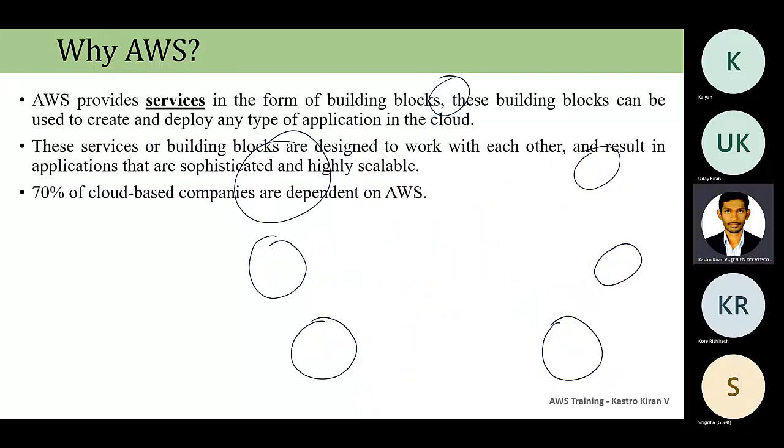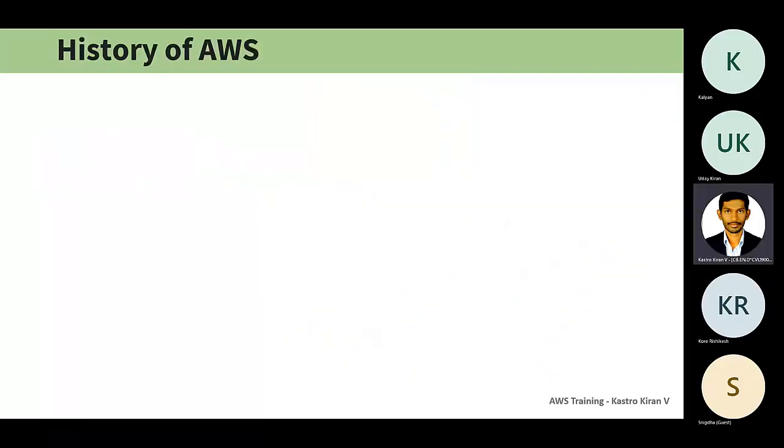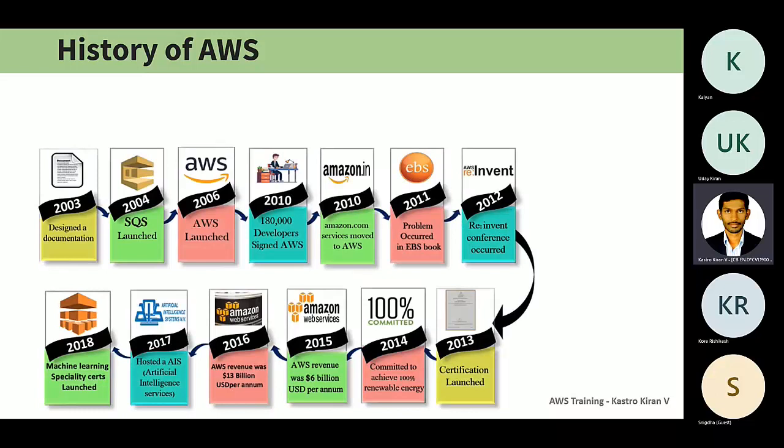Okay. Now let us talk about the history of AWS, when AWS actually started and how it was in the past and how it is now. Basically, AWS started in the year 2006. Technically, AWS was launched in 2006.